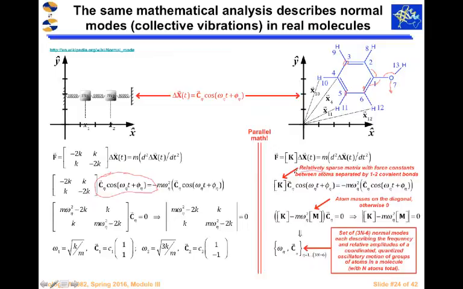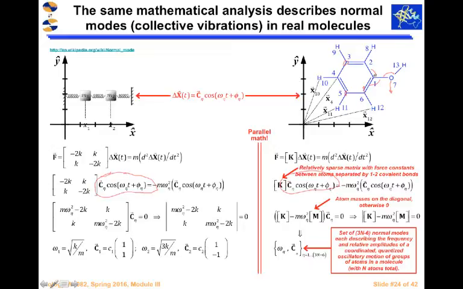Once again, the normal mode has a single frequency. All of the atoms in any normal mode will be moving at the same frequency, and it has an amplitude vector. But the amplitude vector can have different magnitude for each of the atoms, and some amplitude coefficients could be positive and some negative. So depending on the amplitude, you will have a greater or lesser motion of each of the atoms.